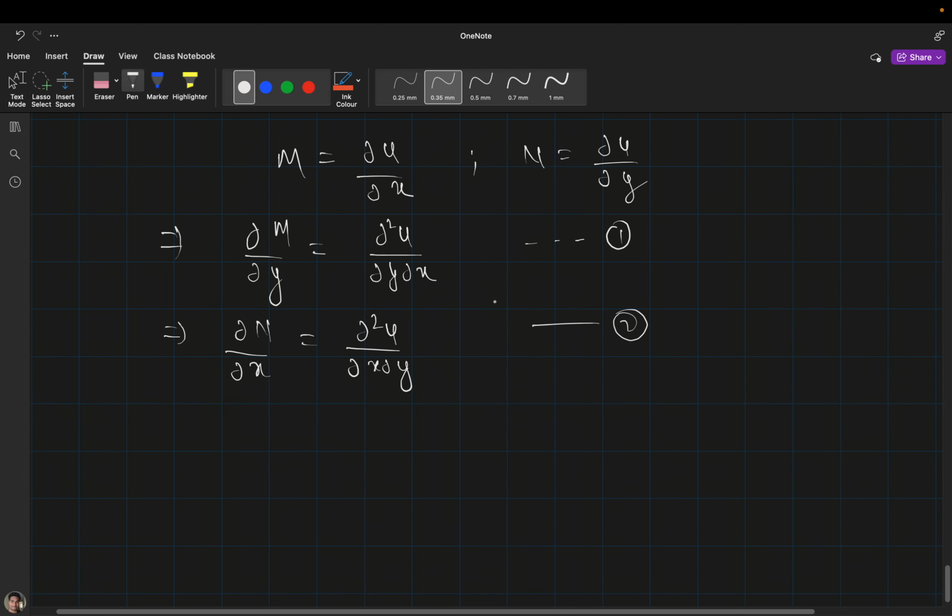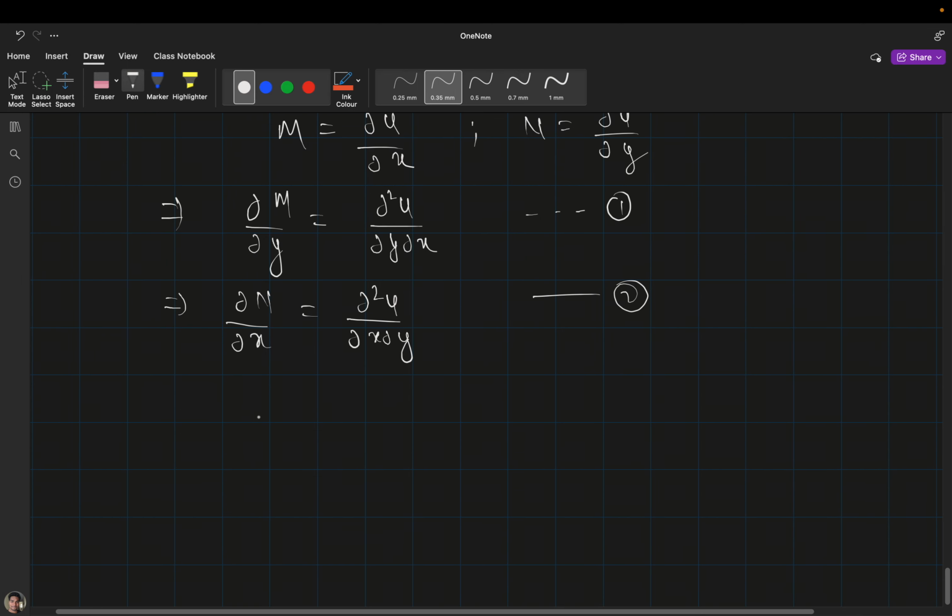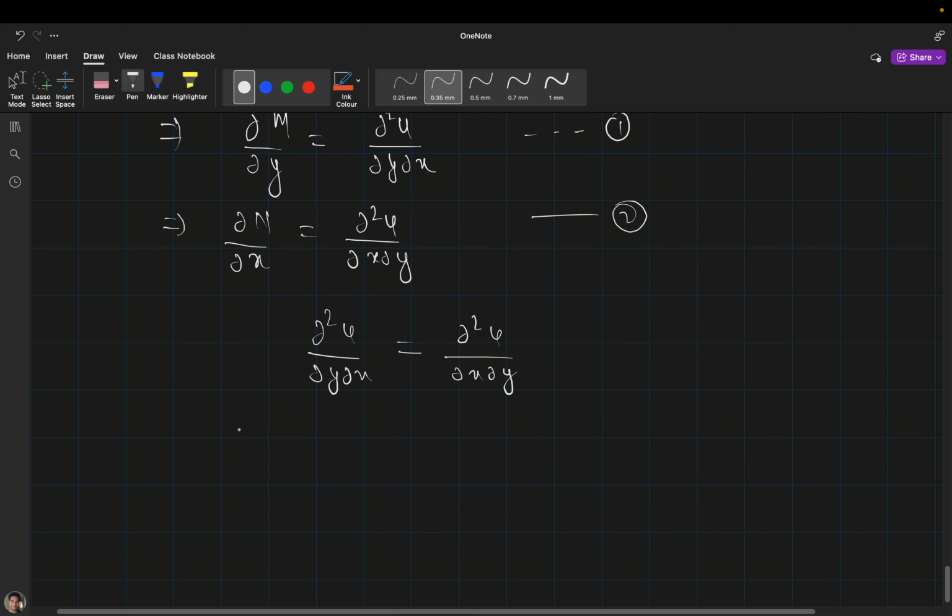You can clearly see that from the property of partial differentiation, del u by del y del x will be exactly equal to del u by del x del y. Then I can say that del M by del y equals del N by del x.